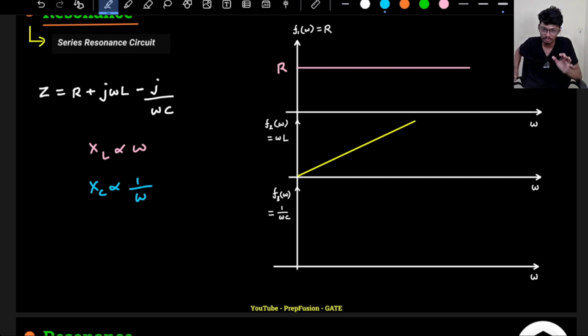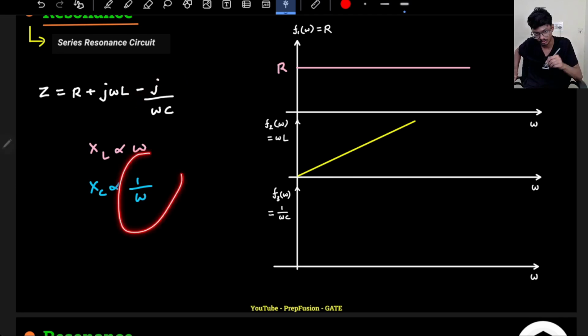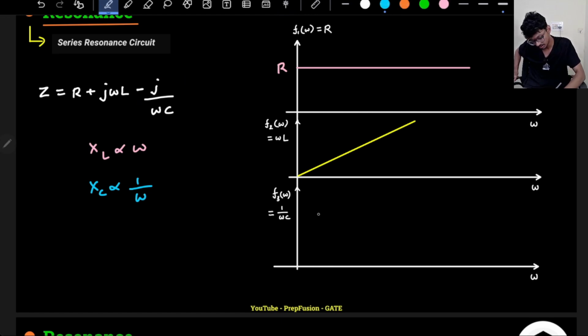I'm not talking about the sign for now, I'm just talking about the magnitude of capacitive reactance. I'm not taking into effect the sign and phase. I will take it into effect, don't worry. It is just like a hyperbola, because a hyperbola is also inversely proportional. So this will be somewhat like this, it will vary somewhat like this.